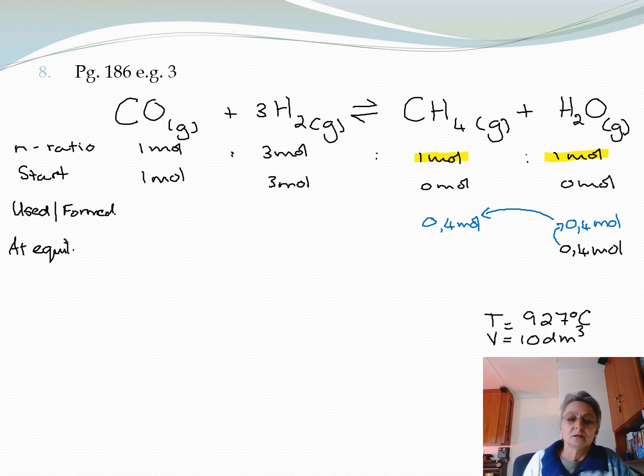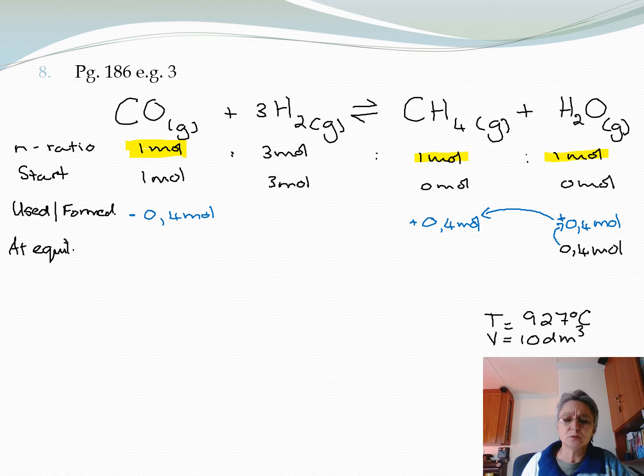And because the ratio between the mole of carbon monoxide and the mole of methane is 1 to 1, it means that 0.4 mole of carbon monoxide was used. So what I normally do is I put a little negative there to show that it was used, and I put little positives here to show myself that it was formed.